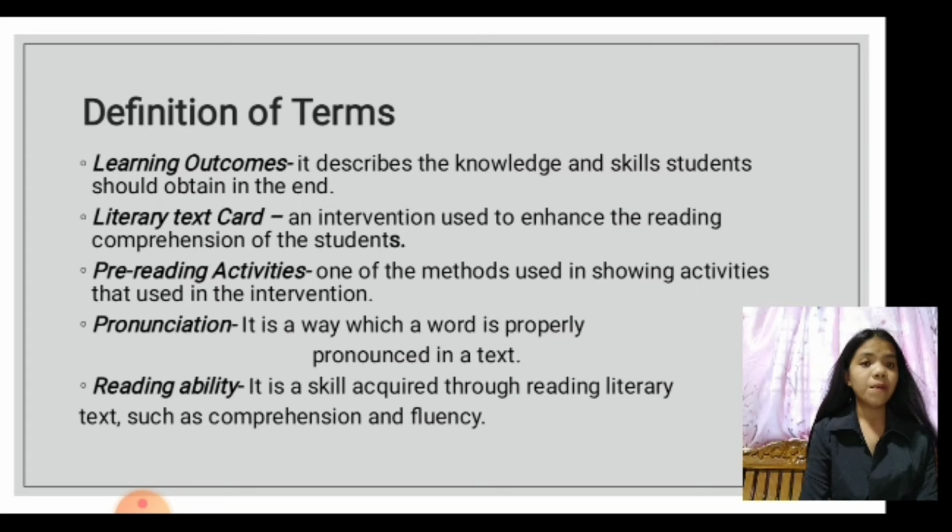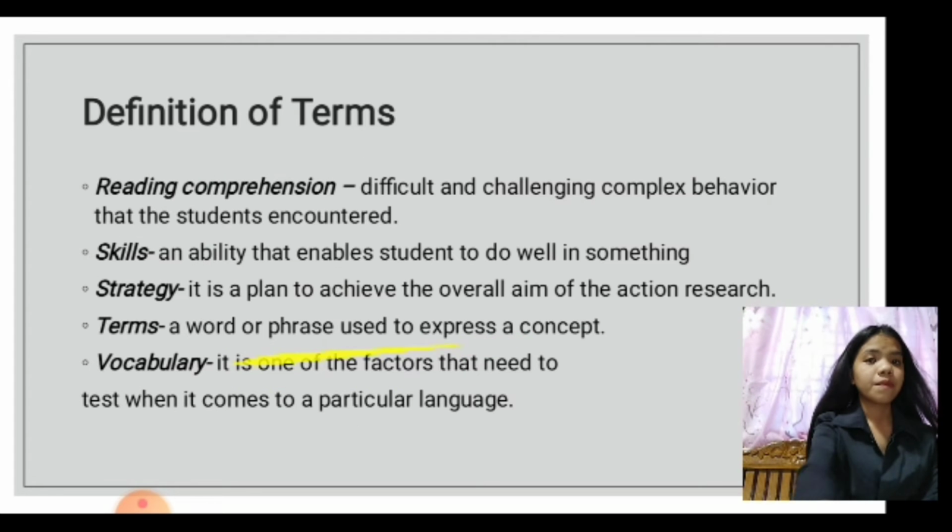It is one of the methods used in showing activities that are used in the intervention. The pronunciation. It means the way in which a word is properly pronounced in a text. The reading ability. It is a skill acquired through reading literary texts, such as comprehension and fluency.